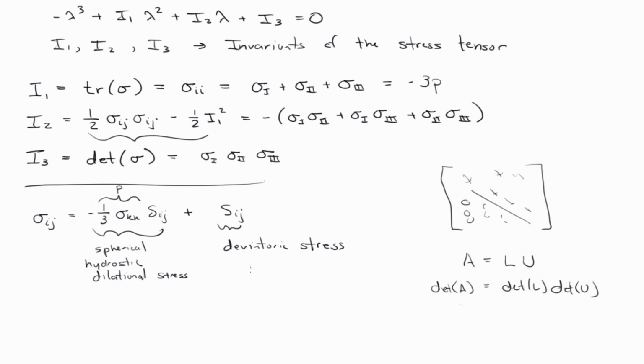And this deviatoric stress has its own invariants. We call them J's. So J1 is always equal to 0. J2 is equal to 1/2 Sij Sij. And J3 is equal to the determinant of S.